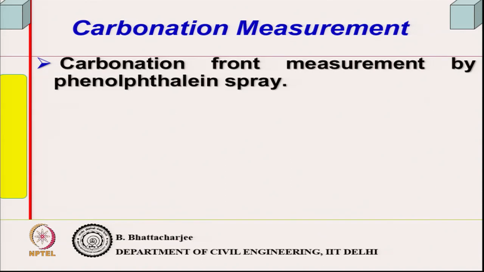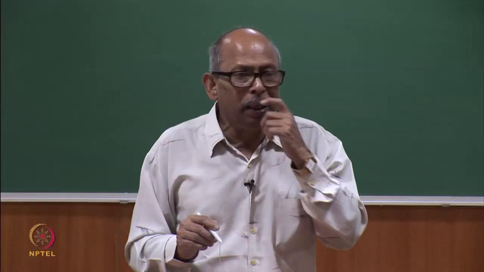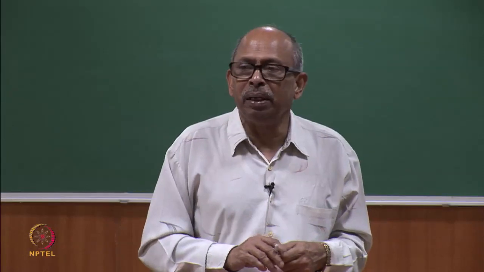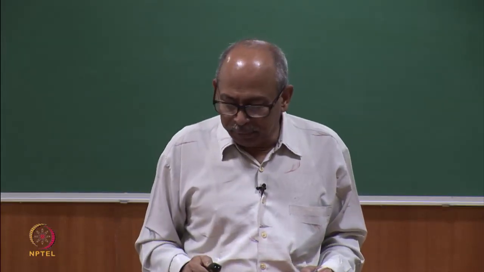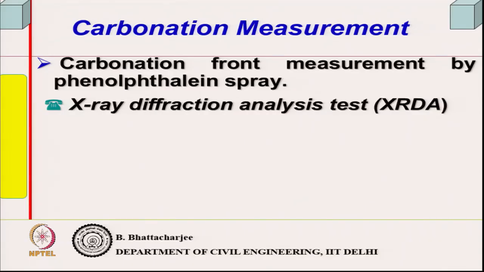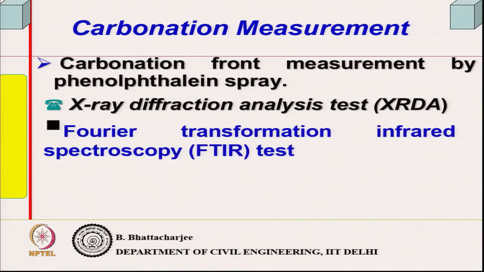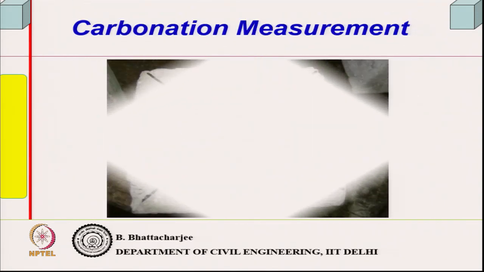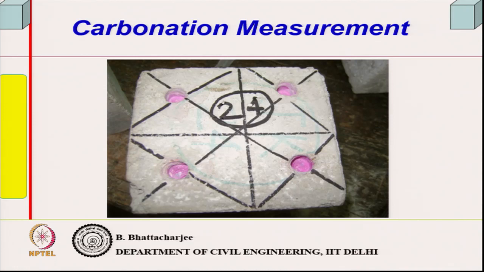What we do is, you break the concrete, dry it and spray phenolphthalein. If it turns out to be pink, for example, here it is drilled dry in a cube, showing dried drilling, and then phenolphthalein has been sprayed.